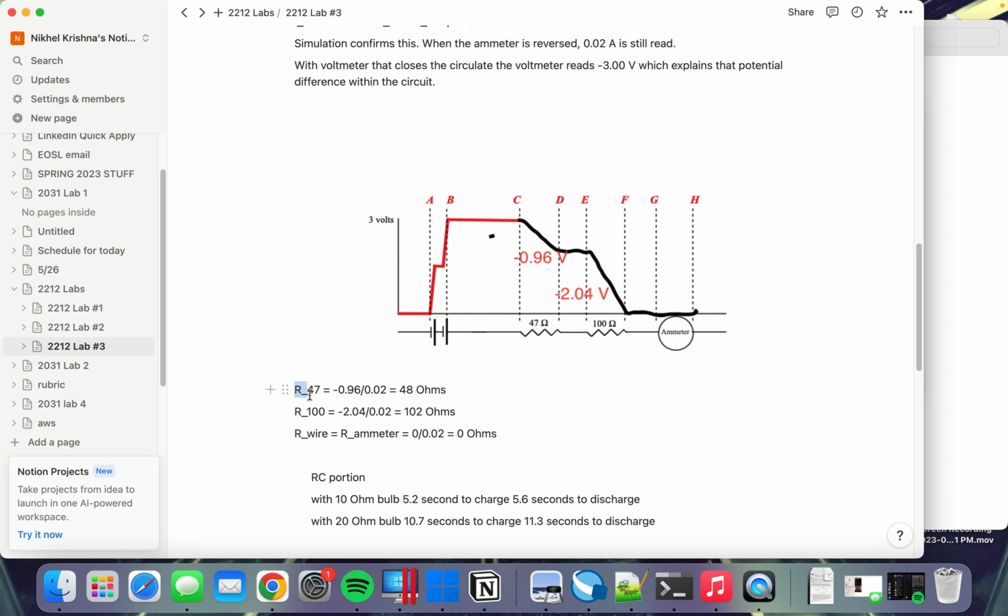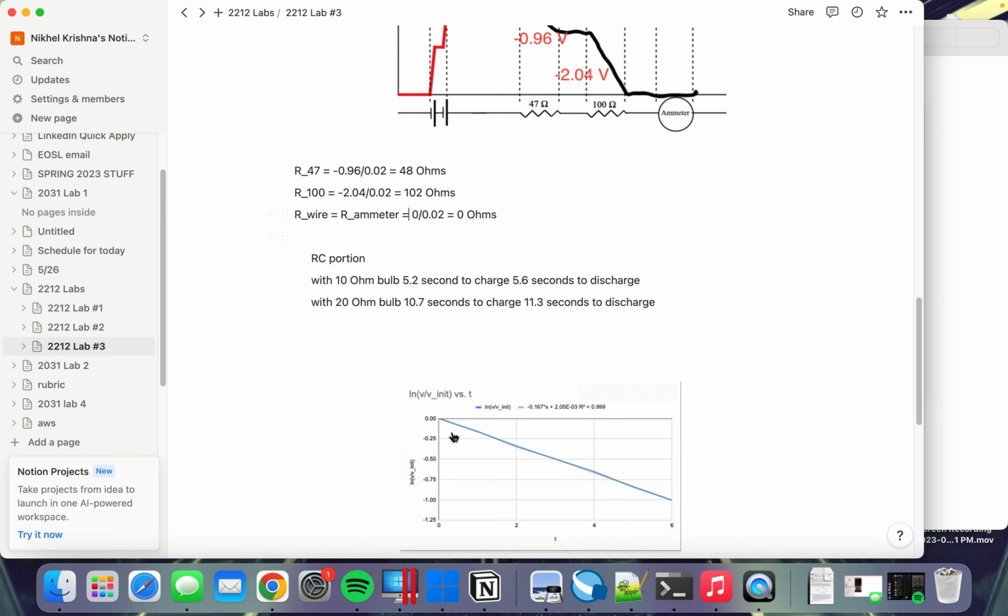And calculating these resistance values, we get similar values to the original resistors, and given that the ammeter reads 0, we can say that the resistance at the ammeter is also going to be 0 ohms because of the potential difference also being 0.